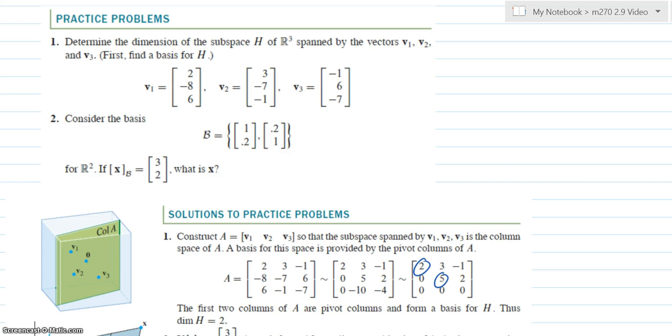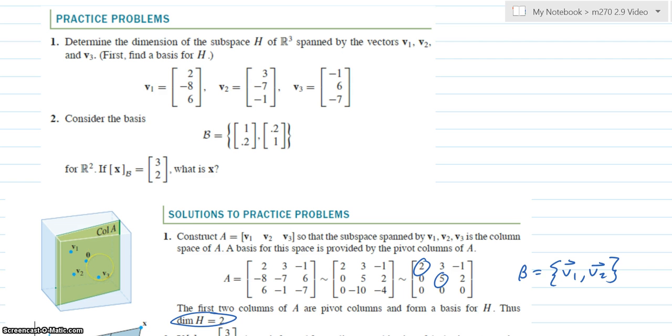And therefore, those first two columns of A are the pivot columns. They form the basis. Determine the dimension. They didn't even ask for the basis. Never mind. So the dimension is 2. If you did want to know the basis, it would be V1 and V2. But that's the answer right there.